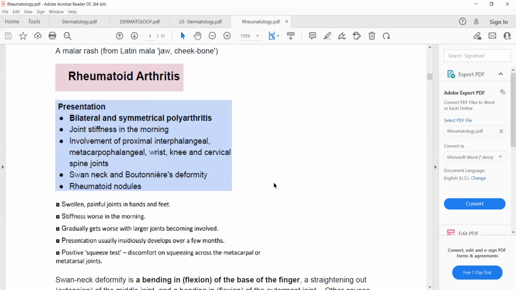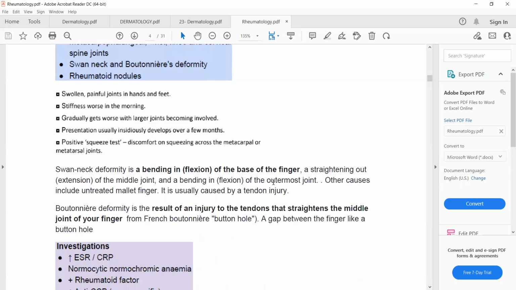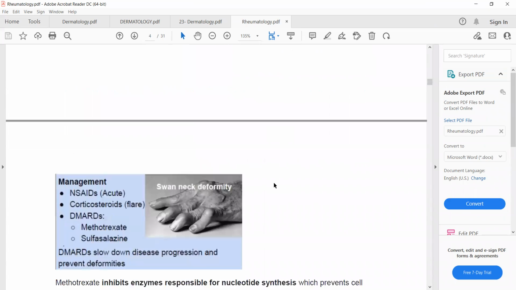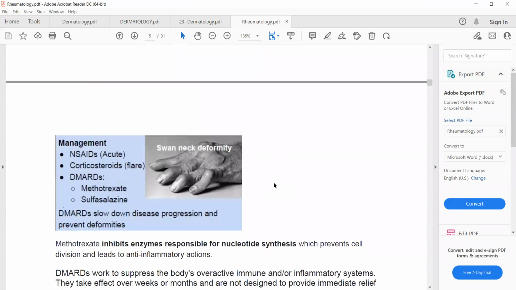Swan neck and boutonniere deformity and rheumatoid nodules may also be present in rheumatoid arthritis. Swan neck deformity, let me show you the diagram. You can see this flexion of an interphalangeal joint. This is known as swan neck deformity.